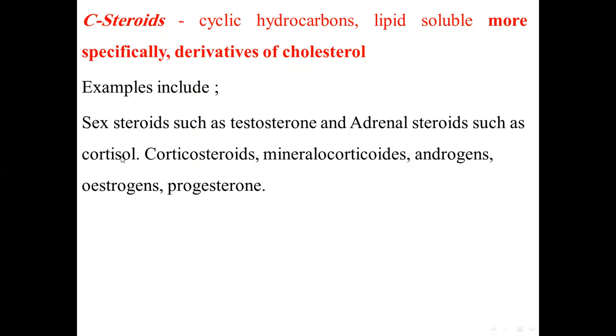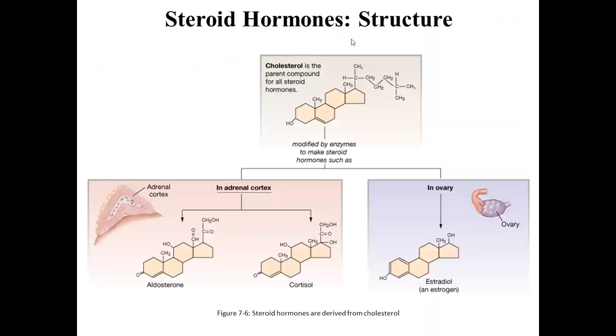For example, we have androgen, estrogen, and progesterone from the gonads, ovary and testes, and also from the adrenal cortex, adrenal steroids such as cortisol or glucocorticoid and mineralocorticoid, and all are derived from cholesterol. In the ovary we have estradiol and estrogen, and in the adrenal cortex we have aldosterone and cortisol.